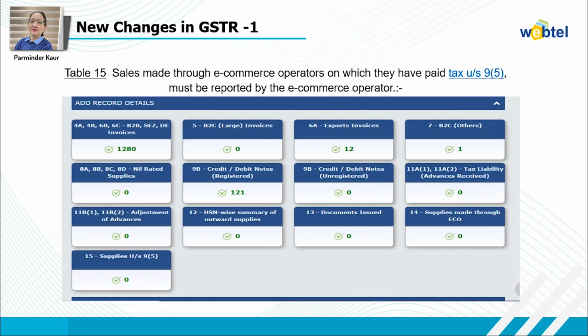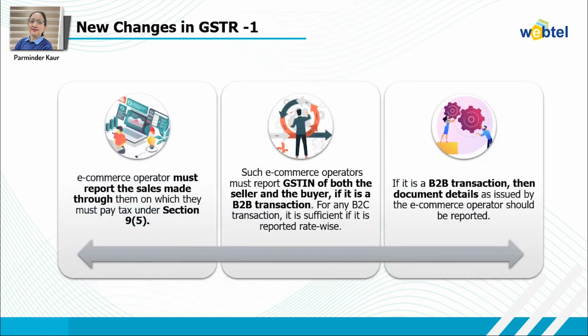In this table, all the sales made through the e-commerce operator on which they have paid the tax under section 9(5) must be reported by the e-commerce operator only. Such an e-commerce operator must report the GSTN of both the seller and the buyer if it is a B2B transaction, or for any B2C transaction it is sufficient if it is reported rate-wise.